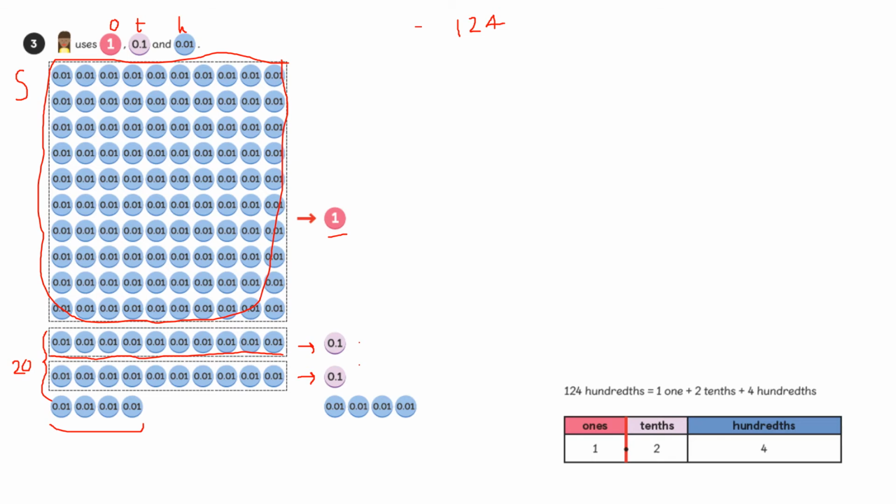And these last little guys down here, these 4 hundredths, they can't be broken up or regrouped anymore, so they're going to have to remain the same. So Simone has worked out that in fact 124 hundredths is also the same as 1 of the ones counters, 2 of the tenths counters, and 4 of the hundredths counters.